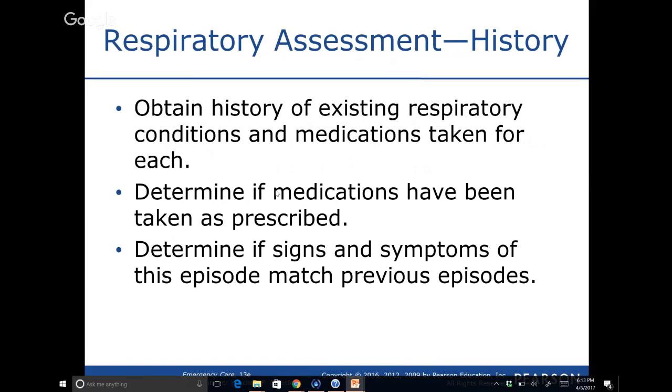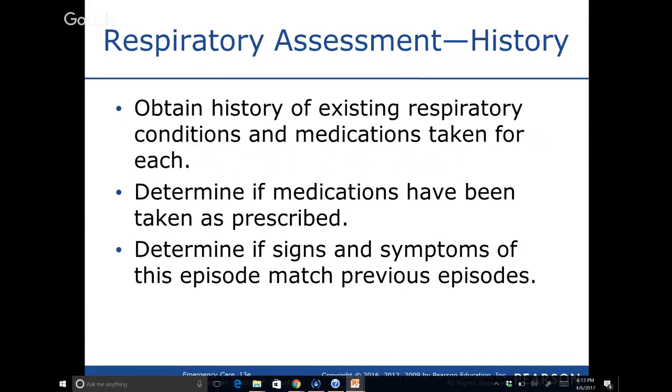I'm not going to say it's important, but a lot of times you can get a lot of information from the patient by determining whether this has matched a previous episode. You're having trouble breathing. Have you had this before? Yeah, last year, whenever it gets cold I can't breathe.